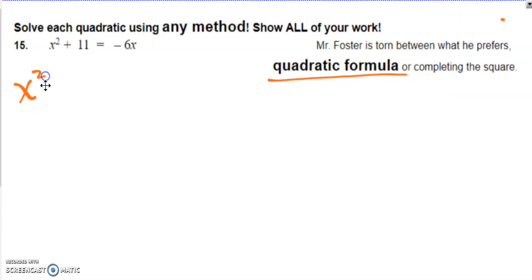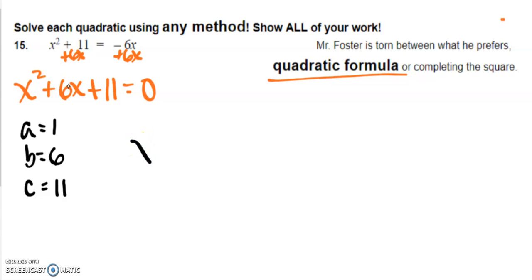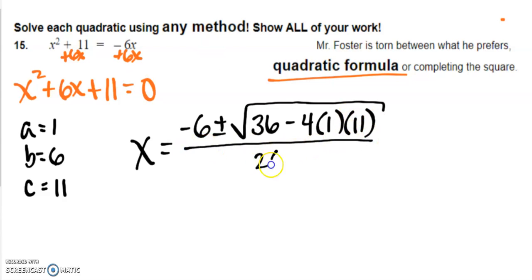To use the quadratic formula, we have to have everything set equal to 0, so I'm going to add 6x to both sides. And I want to identify my a, my b, and c. So using the quadratic formula, x equals opposite of b plus or minus the square root of b squared minus 4ac, all divided by 2a.